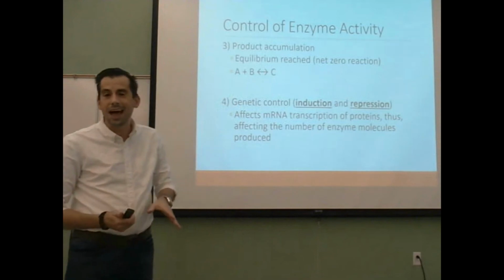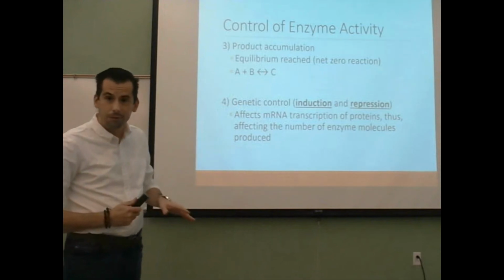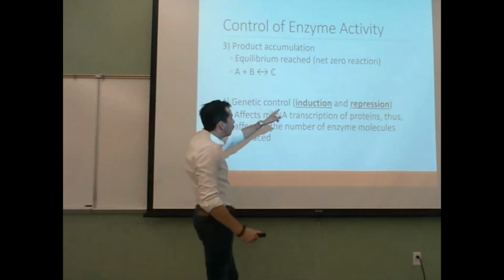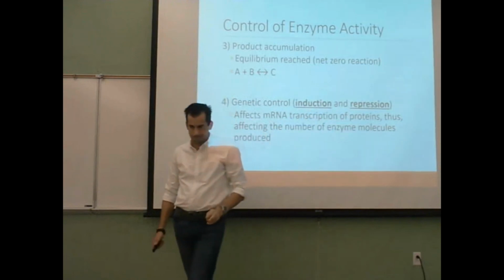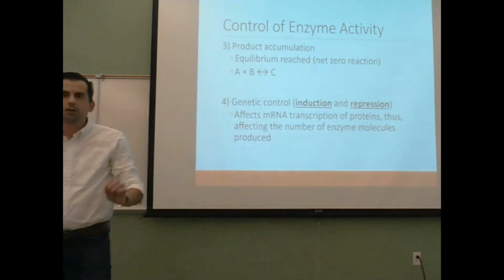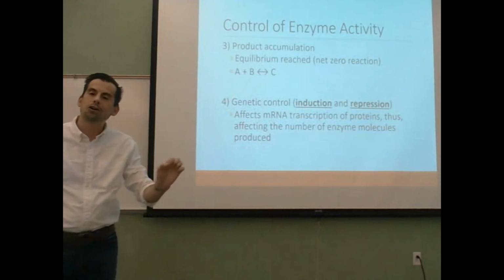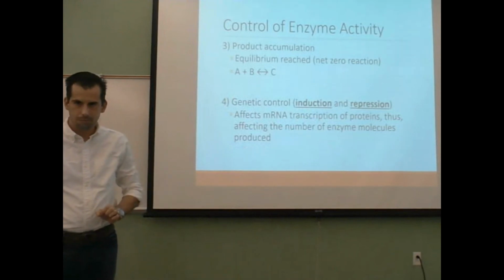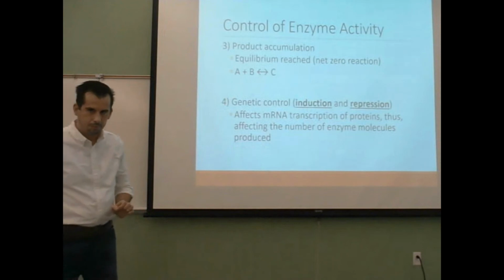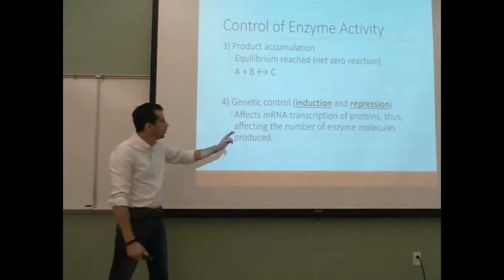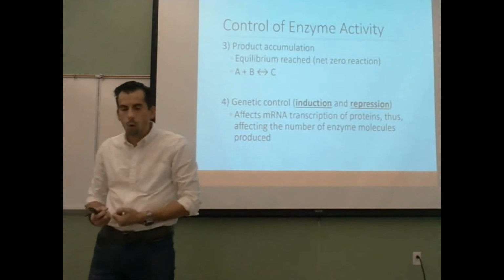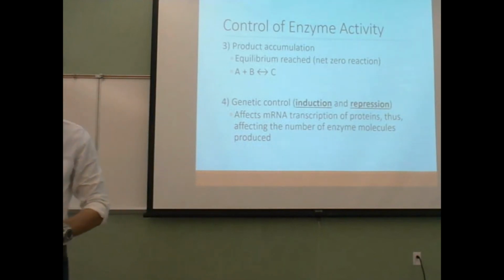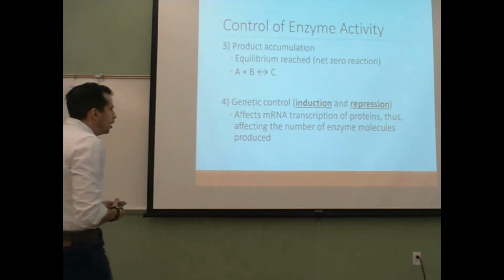Now for this, we're going to go back and use my analogy of you stopping your car again. Genes can be turned on or turned off, induced or repressed. Depending on what the product of that gene is will determine if induction or repression increases enzyme activity or represses enzyme activity.